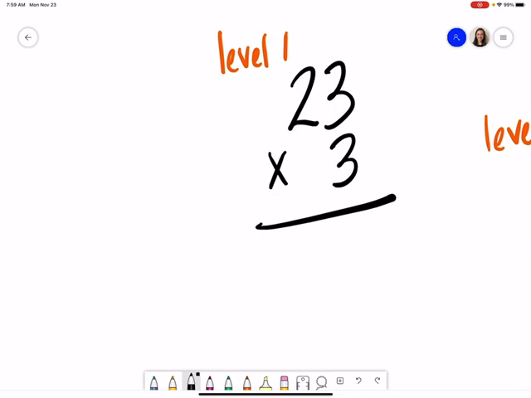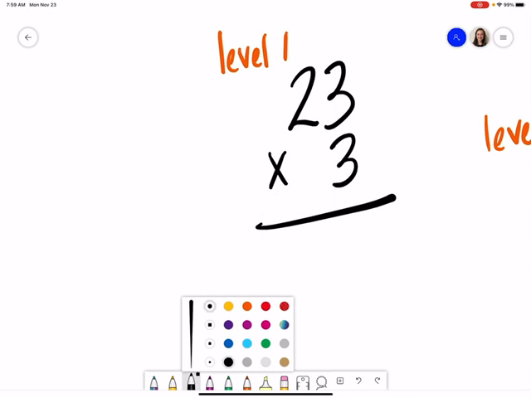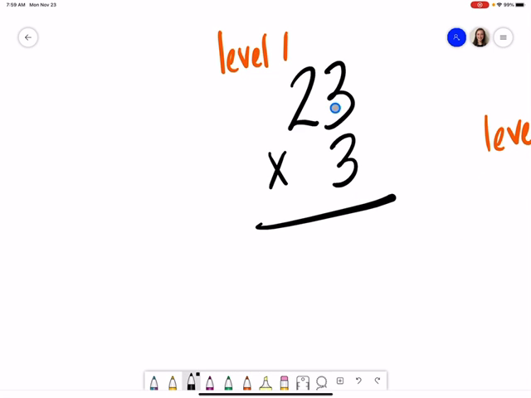We know how to do this, and we can do this by multiplying the ones place times the ones place. Okay, so 3 times 3 is 9. And then we're going to multiply the tens place by the ones place. 2 times 3 is 6. Okay, so we know that number is 69.